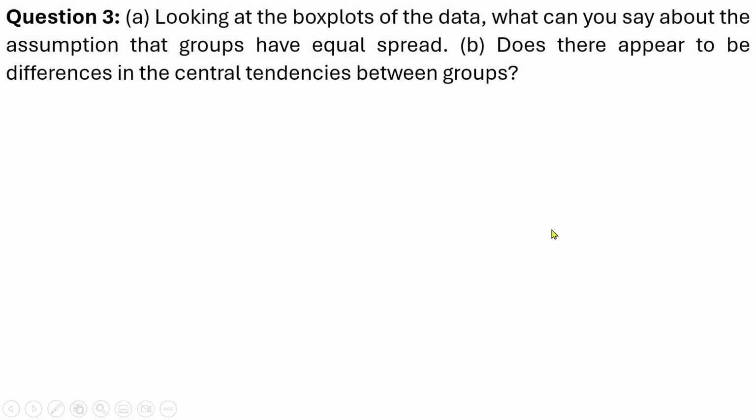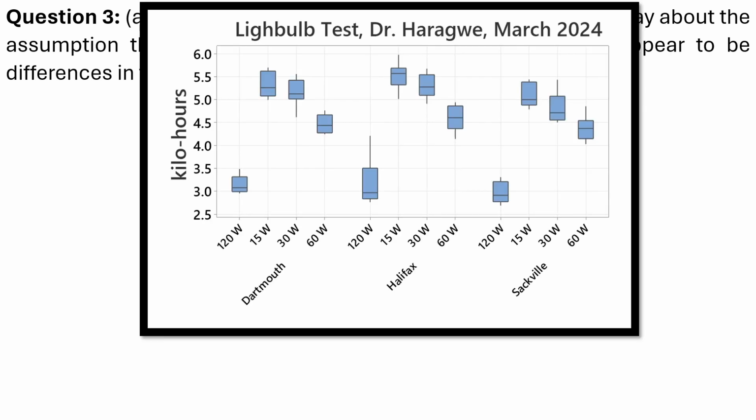Next, we do the visualization step. First, we're looking at a visualization of the spread and the central tendency of each of our 12 samples. In this plot, we have kilo hours on the vertical axis. For example, 5.0 represents 5,000 hours before burnout.